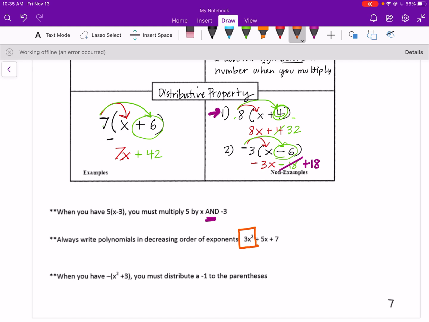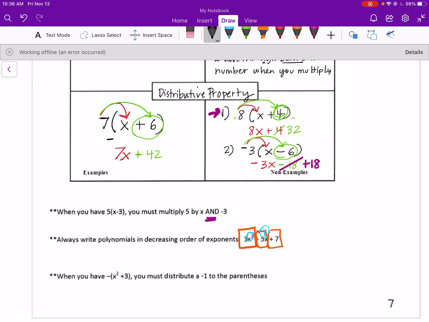I have another term here, 5x with that positive sign. And then I have another term here, plus 7. Now, within those terms, this is a 2. There's nothing here, but I could put in a 1. It's that ghostly Gladys thing. And then there's no variable here, okay? So you would have to go 2, and then 1, and then nothing. So that's what it means writing in decreasing order.